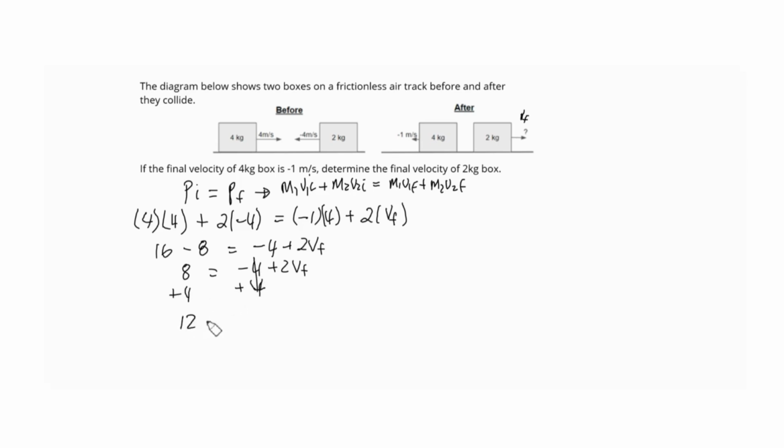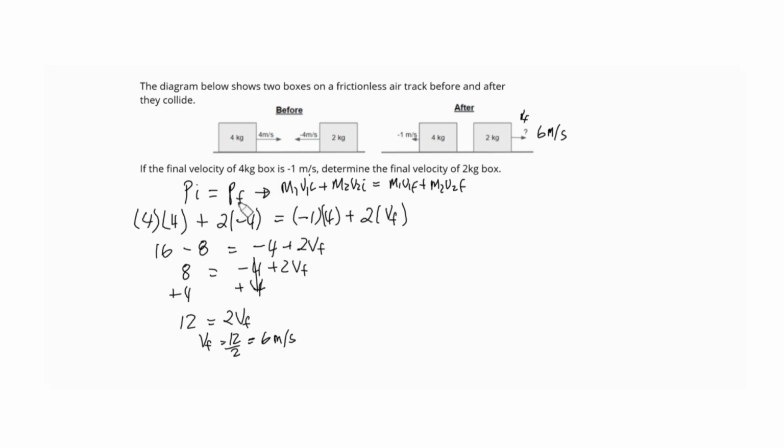Cancels, leaving me with 12 is equal to 2 VF, or VF is going to equal 12 divided by 2, or 6 meters per second. So after these two collide, the 4 kg object goes backwards at 1 meters per second, and the 2 kg is going to go forward at 6 meters per second.